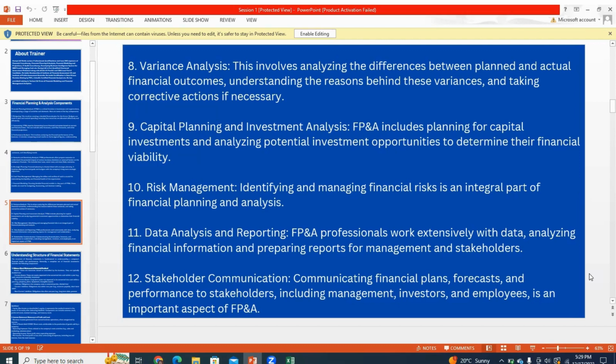Capital planning and investment analysis. As the name suggests, capital planning, the first thing that comes to mind is the initial investment which the shareholders, or you can say the stakeholders, invest for starting an organization. So capital planning is very important to start an organization.